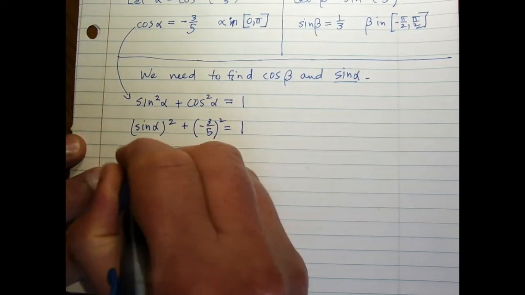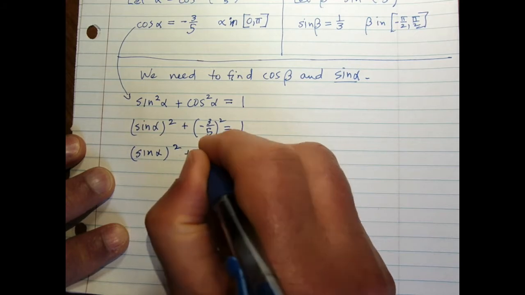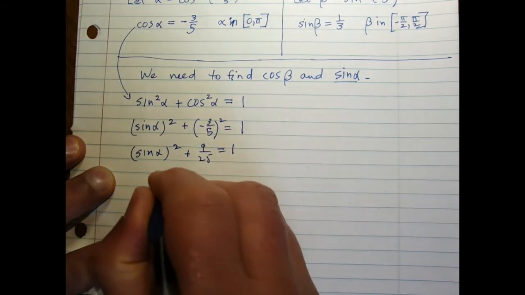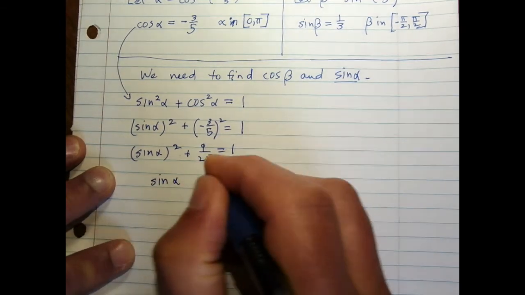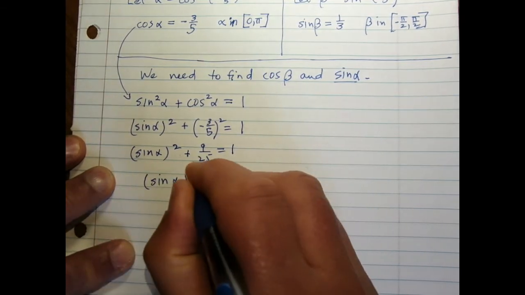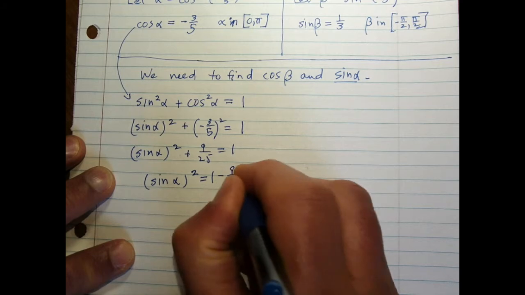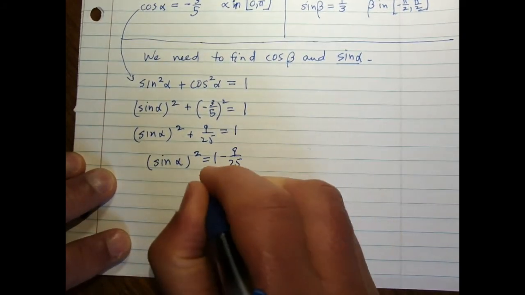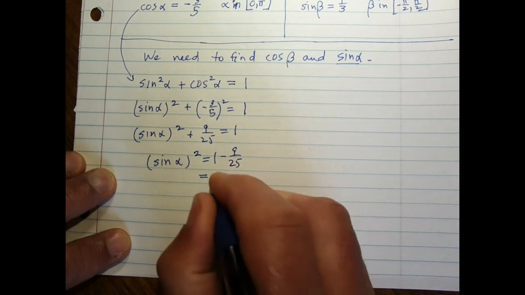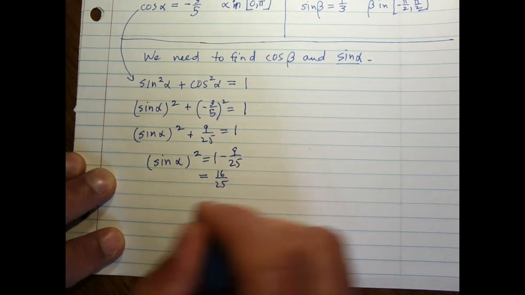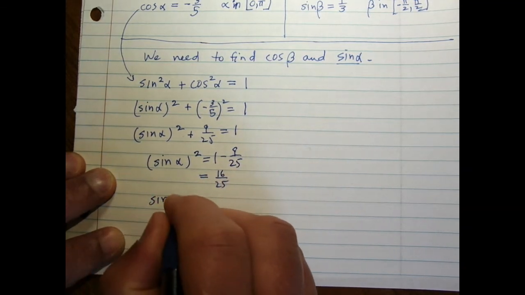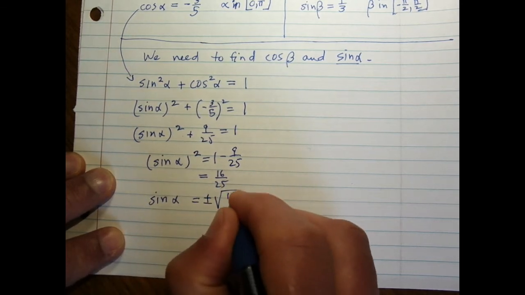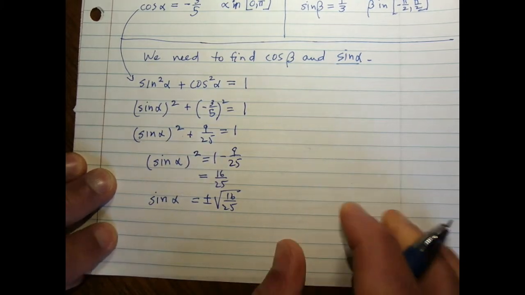Sine of alpha squared plus 9/25 is equal to 1. Sine of alpha squared is 1 minus 9/25. That's 25/25 minus 9/25 is 16/25. So sine of alpha is plus or minus the square root of 16/25.